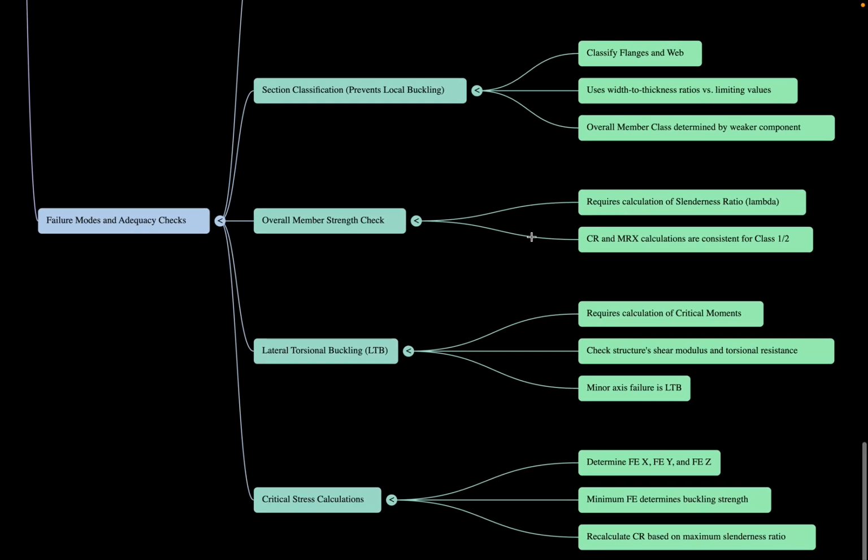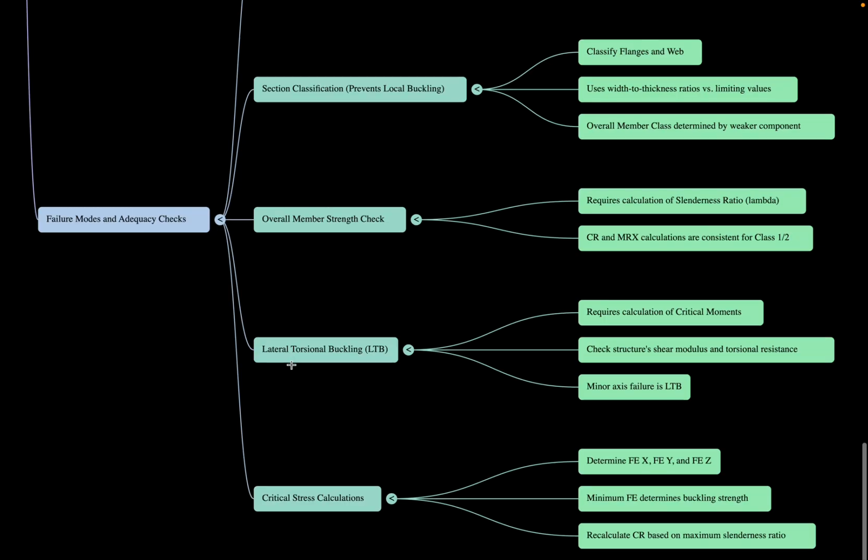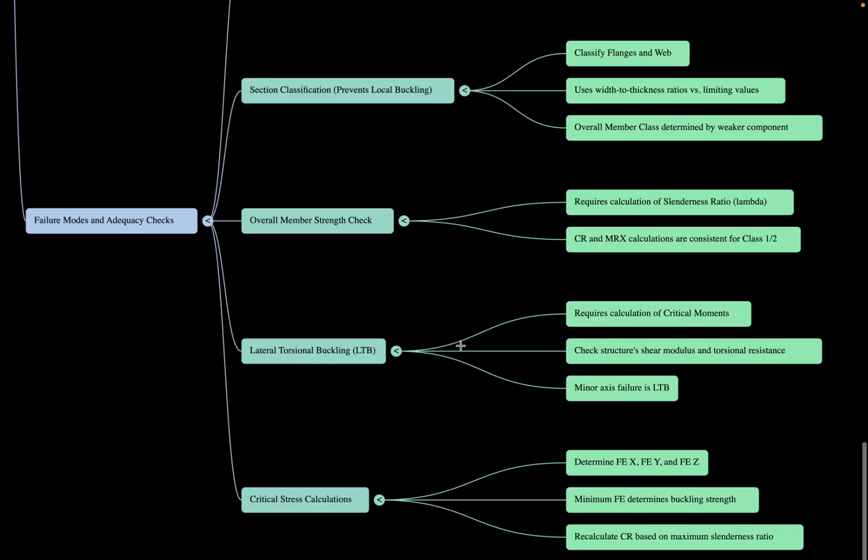For the overall member strength, we also check the slenderness ratio lambda, Cr and Mrx considering class 1 and class 2, and the lateral torsional buckling, which requires calculation of the critical moment. Check the structure's shear modulus and torsional resistance.